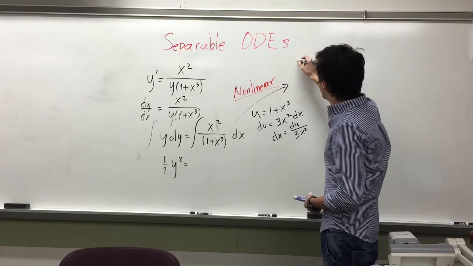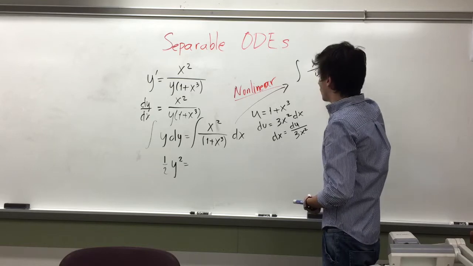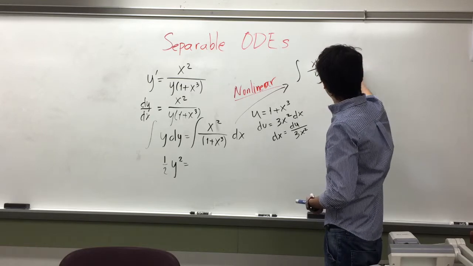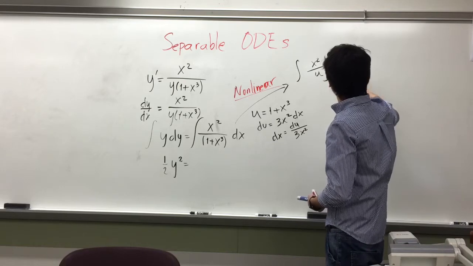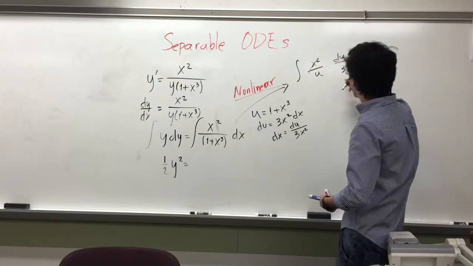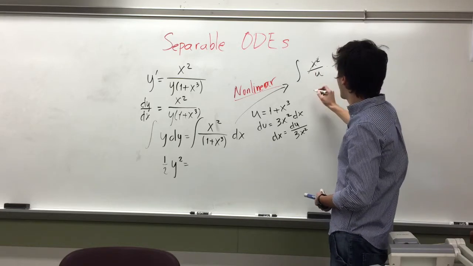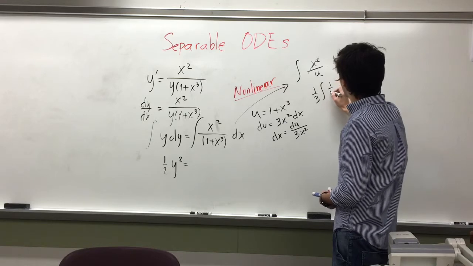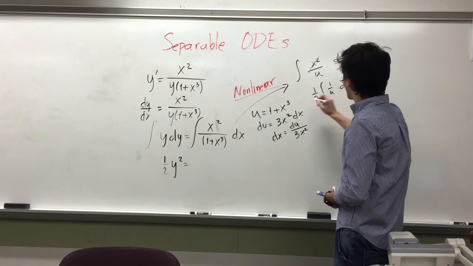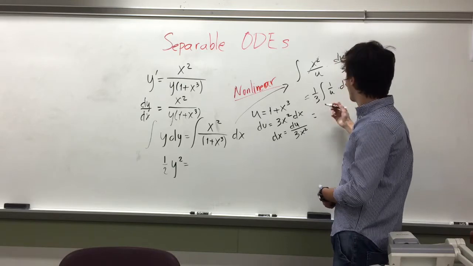So it's going to be the integral of x squared over u times du over 3x squared. So the x squared just cancels out. So there's a factor of 1/3 here. We can pull that out. So it's going to be 1/3 times the integral of 1 over u du. And the integral of 1 over u is simply ln of u.